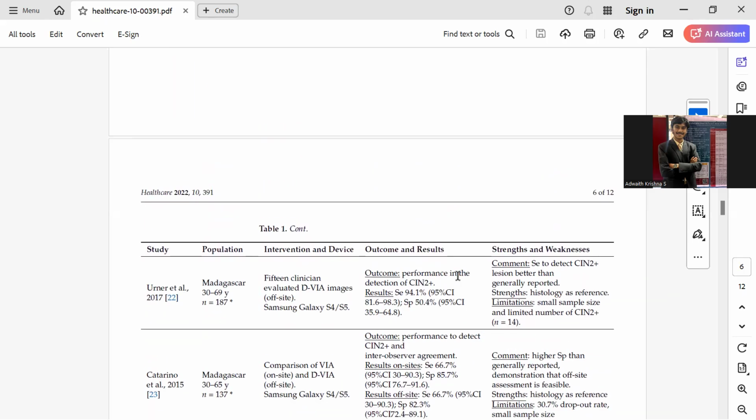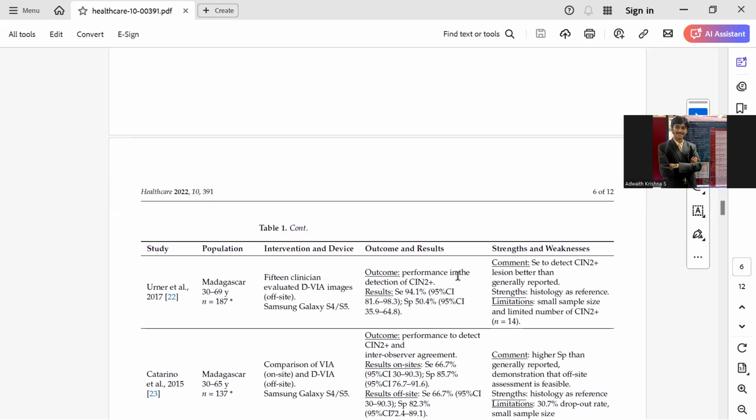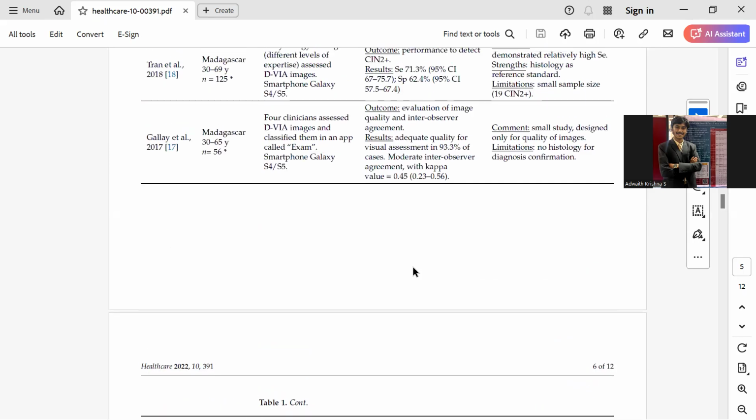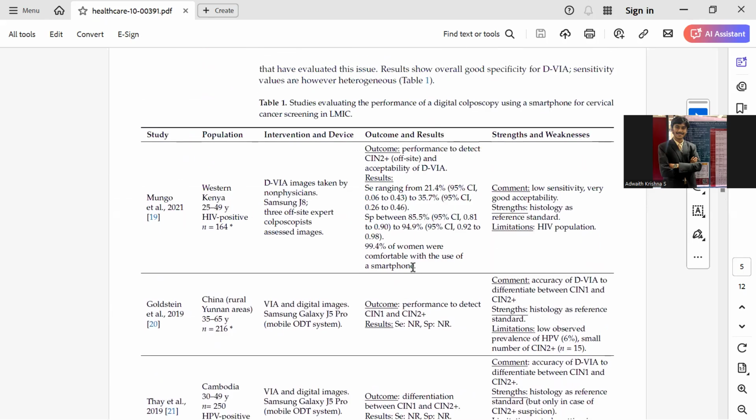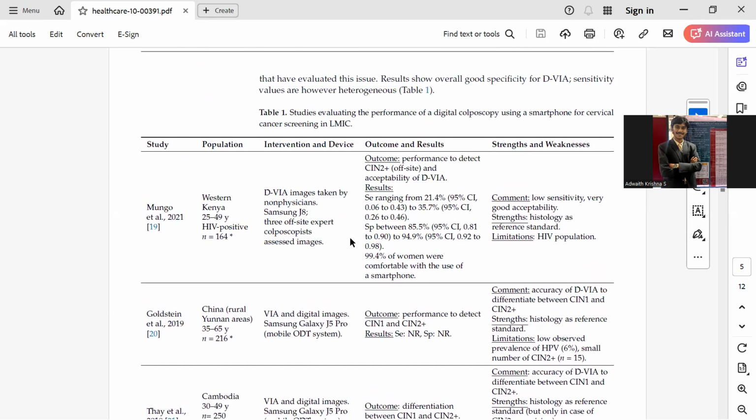Later on, several studies followed. So sensitivity to detect CIN2 plus lesion is better than generally reported. This was in 2017. Now, if we go further forward to 2021, we can see that there is a very good acceptability.